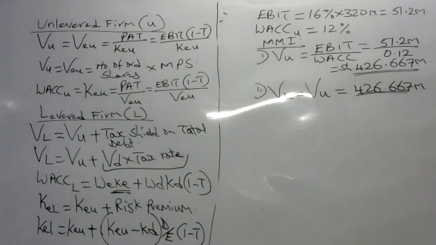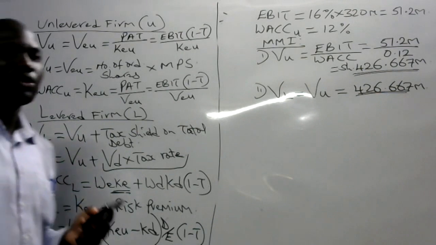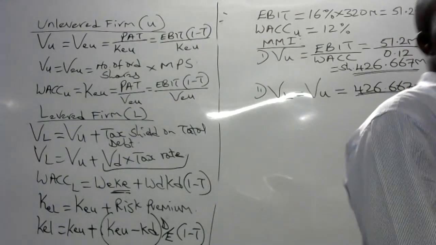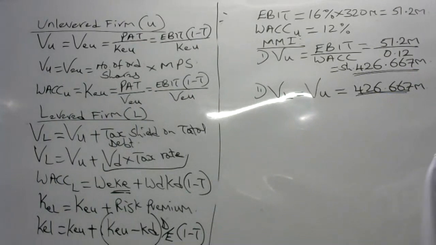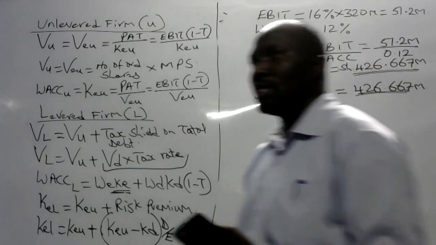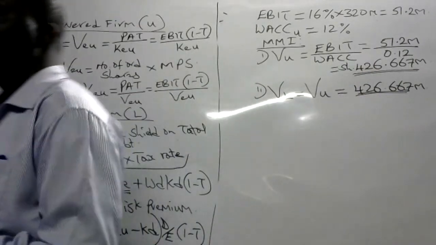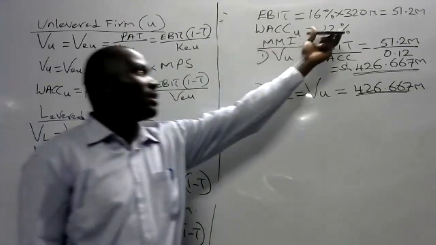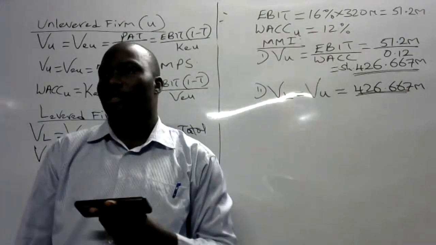Because we said the WACC of the levered firm should be the same as the WACC of the unlevered firm. So the examiner wants to confirm. As you are answering that question, the expected solution you already have. Your WACC should be the same as what? 12%.